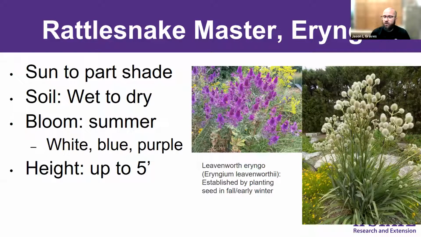It puts a ton of energy into these blooms, and so you'll have a fantastic show, not only of color, but you'll see it swarmed with pollinators. This is a great one to look at for use in a pollinator habitat for summer blooms as well.